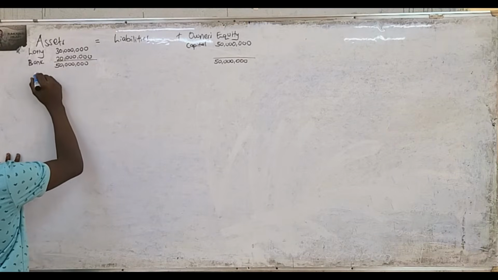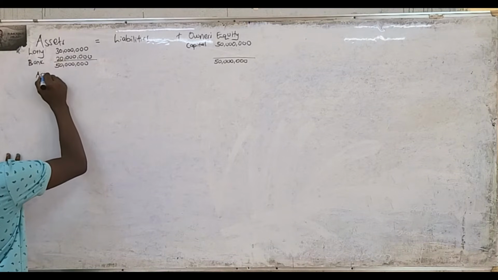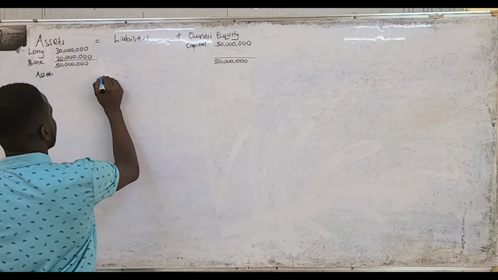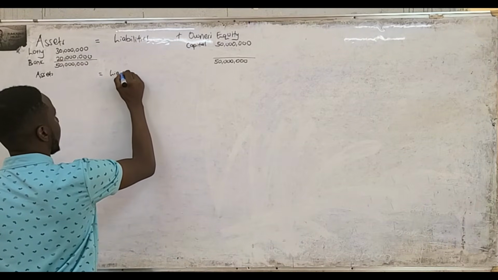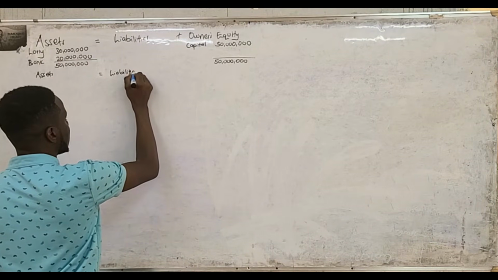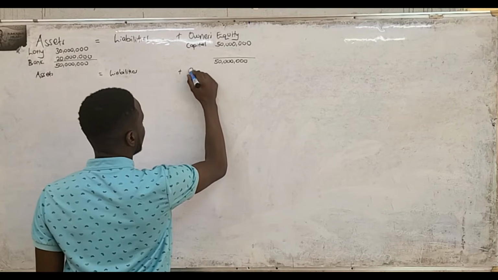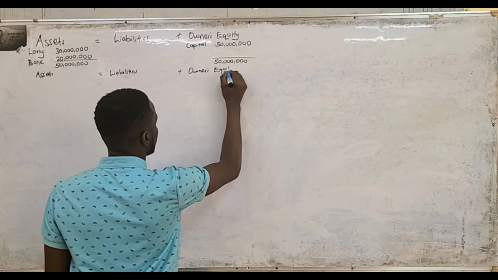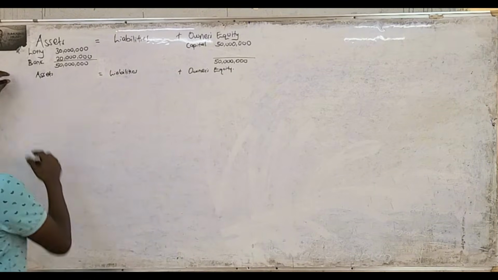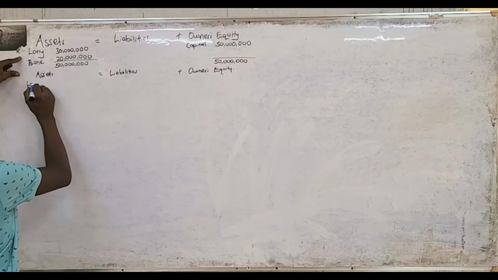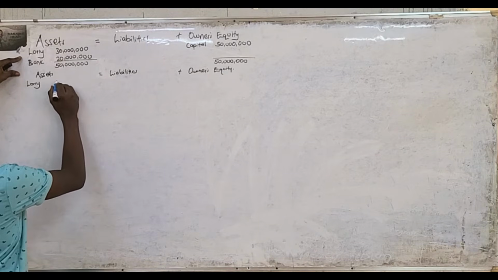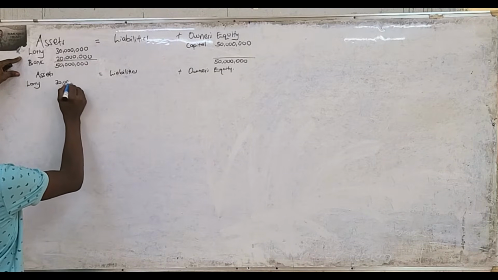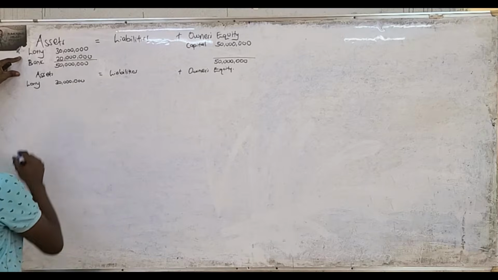Shall continue with our accounting equation, which says assets equals to liabilities plus our owner's equity. So we are going to reproduce this. We have our lorry, and our lorry is 30 millions.